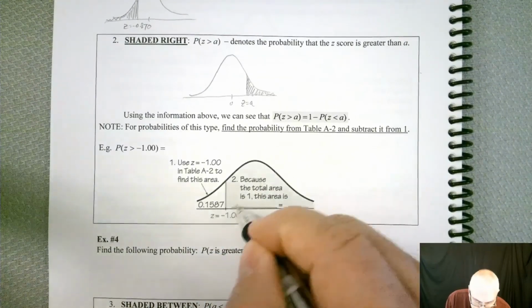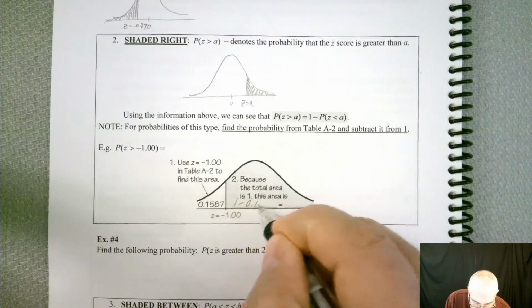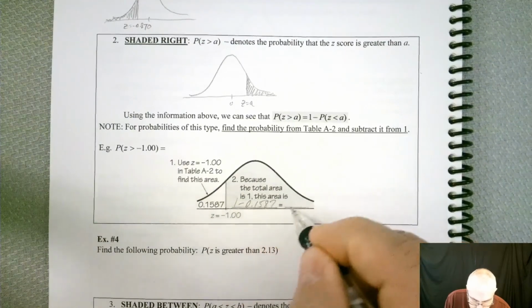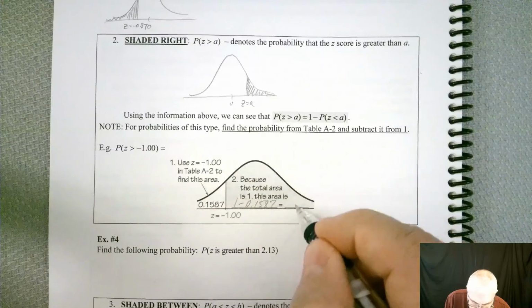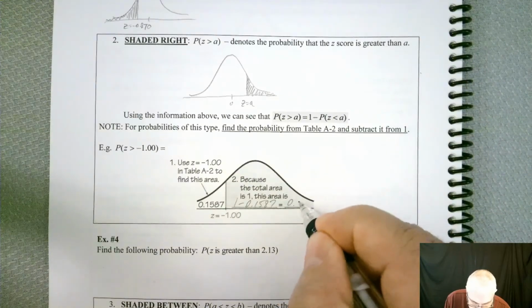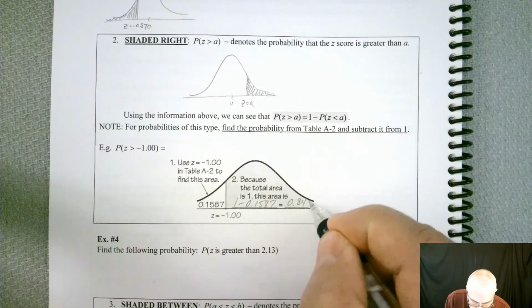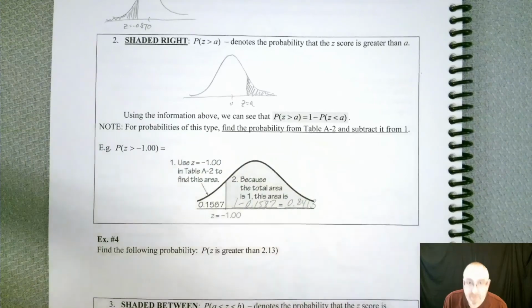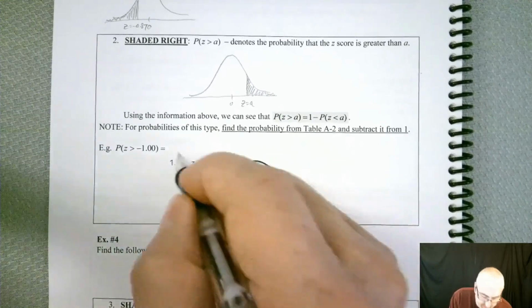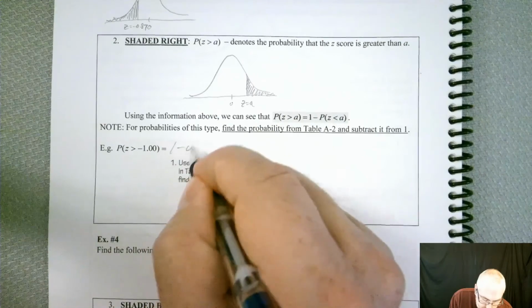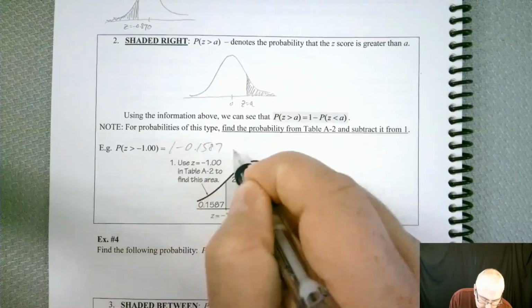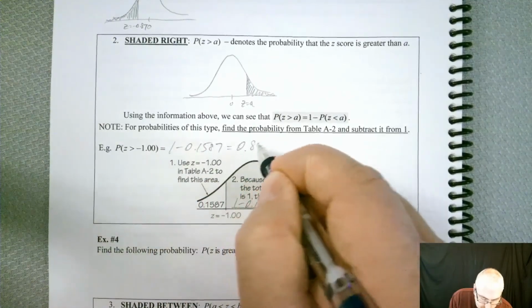So if we said 1 minus 0.1587, we're going to get our answer: 0.8413. So that should be our answer.